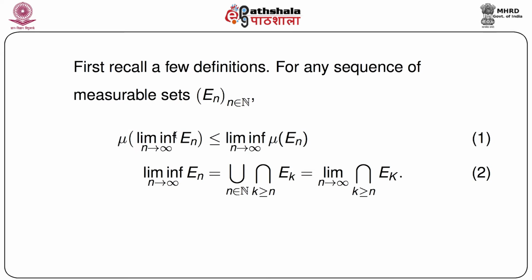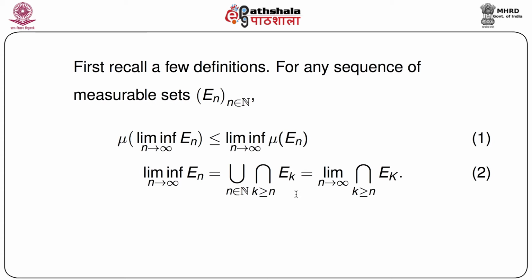But before that, let us first recall a few definitions. For any sequence of measurable sets E_n, n belongs to the natural numbers, we know that mu of liminf E_n is less than or equal to liminf as n goes to infinity of mu of E_n. And what is liminf of E_n?